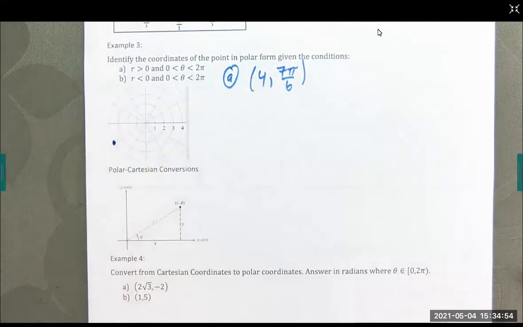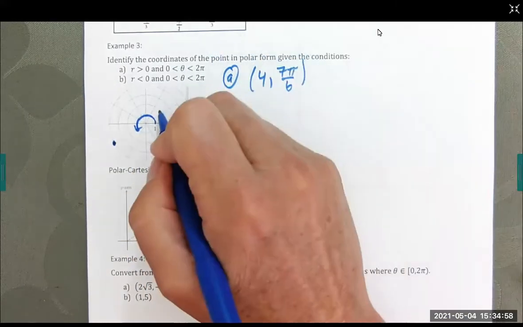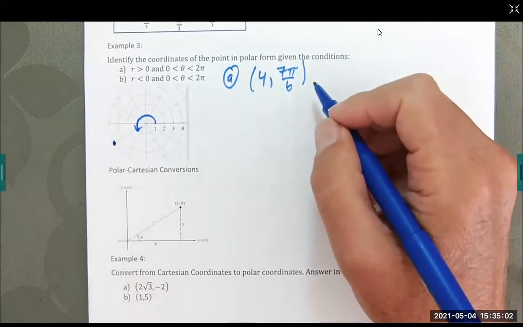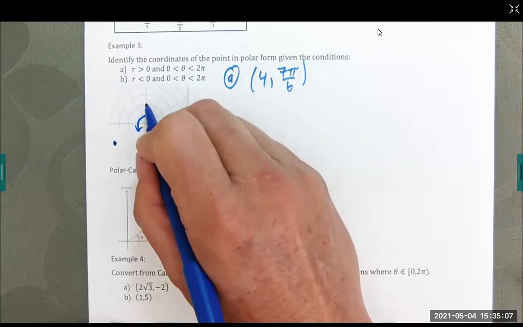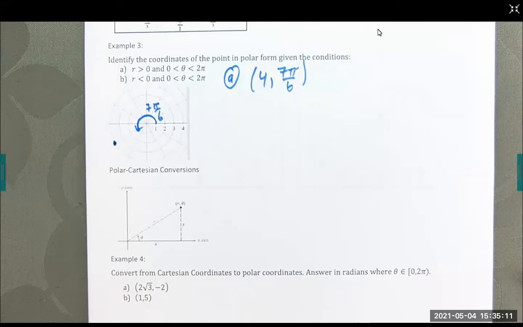Now, let's do part B. We went to there, which is a positive 7 pi over 6. We want to get to that same place, but now we want a negative radius. So I'm going to keep this nice and simple.